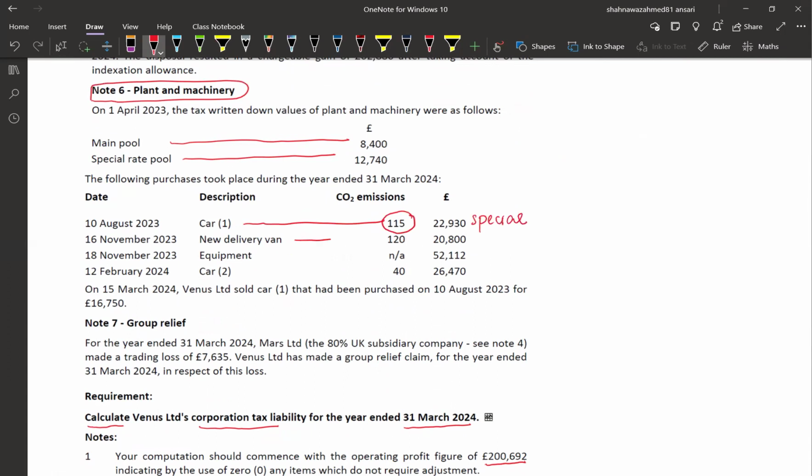Then we have a new delivery van, and here we can calculate AIA on that, as well as on equipment. So AIA is also available on equipment. Then we have car number 2, which will go to the main pool, having CO2 less than 50 grams. On 15th March 2024, Venus Limited sold car 1, which had been purchased on 10th August, for 16,750.